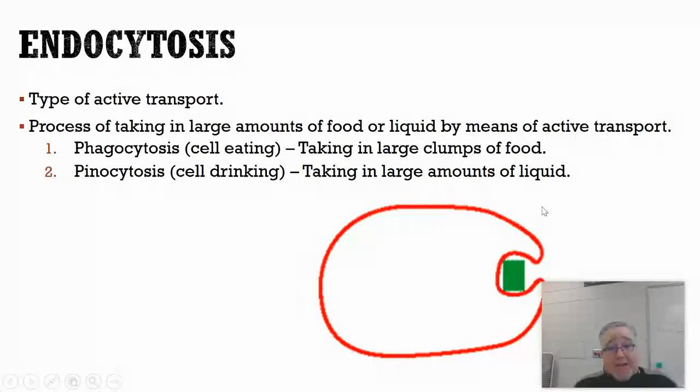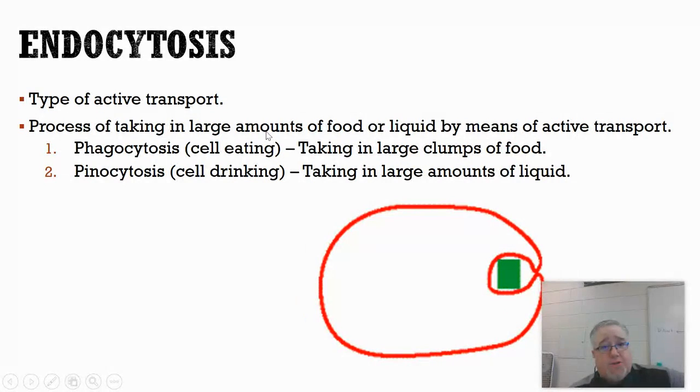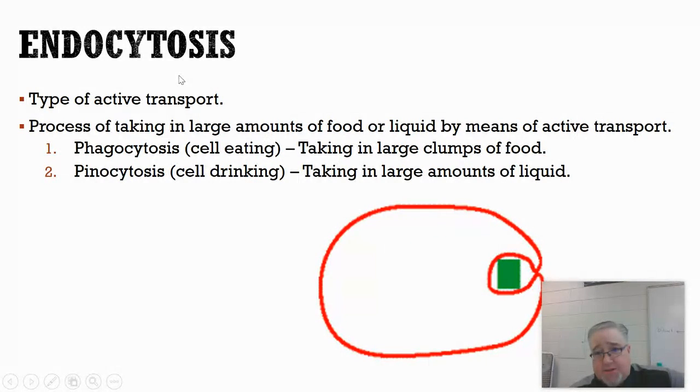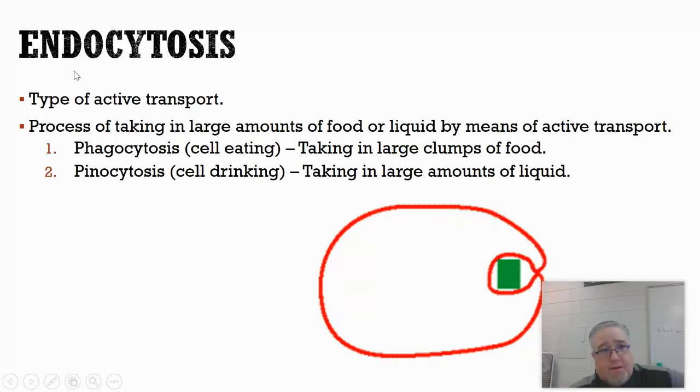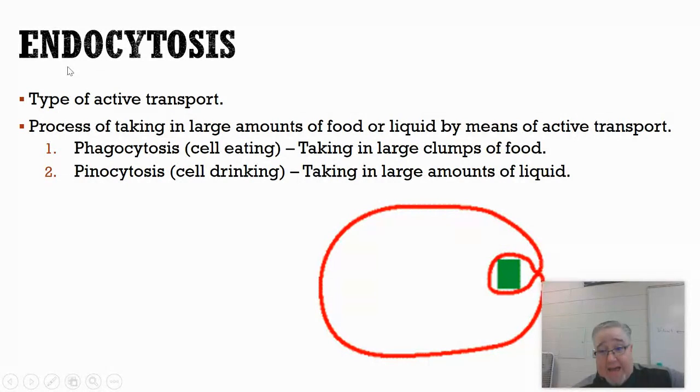Now, when it comes to active transport, there's a couple of terms that we generally use. This term here is called endocytosis. So think of the word endo, right? That's a prefix you guys had to learn the first week of school. Endo means inside.